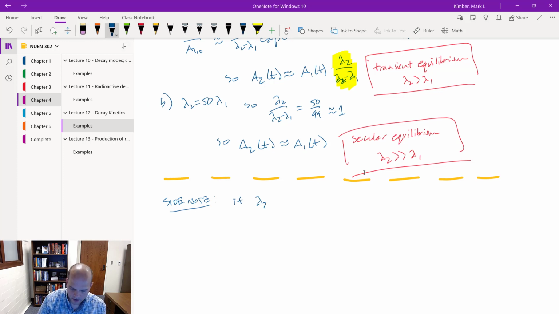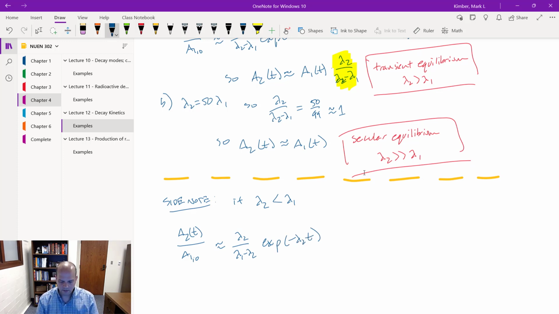So if lambda 2 is less than lambda 1, then we'll find that the activity for isotope number 2, normalized by that same initial activity of isotope number 1, is going to be approximately equal to lambda 2 over lambda 1 minus lambda 2 times the exponential of minus lambda 2t.